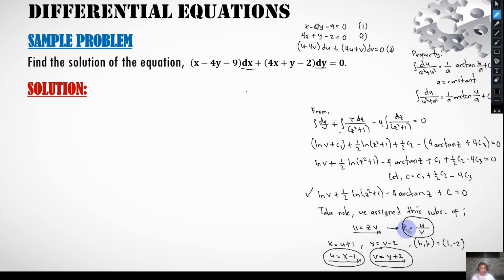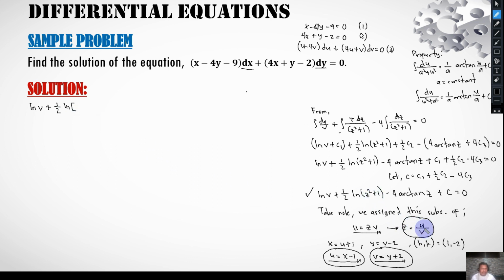So we substitute z equals u over v in this one. We have now this ln of v, as is, since it's already in terms of v, plus 1/2 of ln of, take note, z squared plus 1.